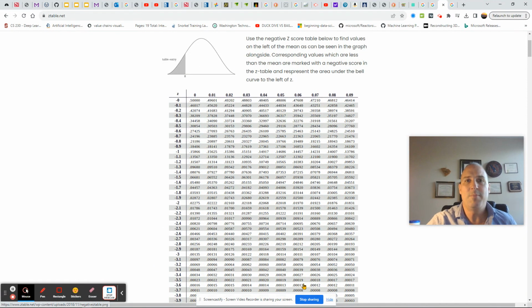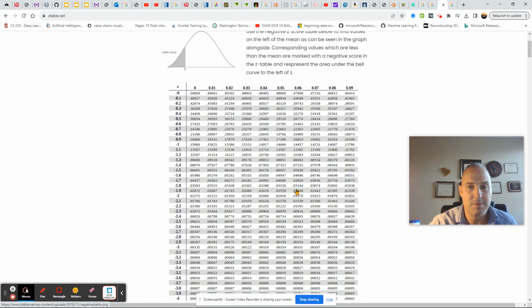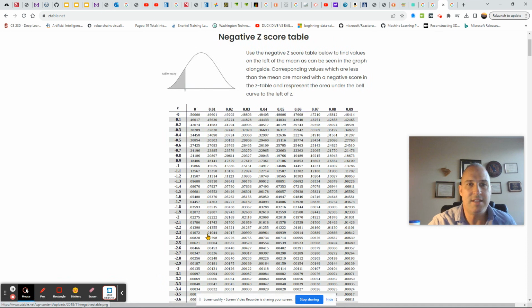And then we can use that z-score to calculate probabilities using these tables, because you don't have calculus at your disposal. The probabilities are in these tables, and the z-score is determined by the first digit and first decimal in the row, the second decimal in the column, and we have a negative z-table.